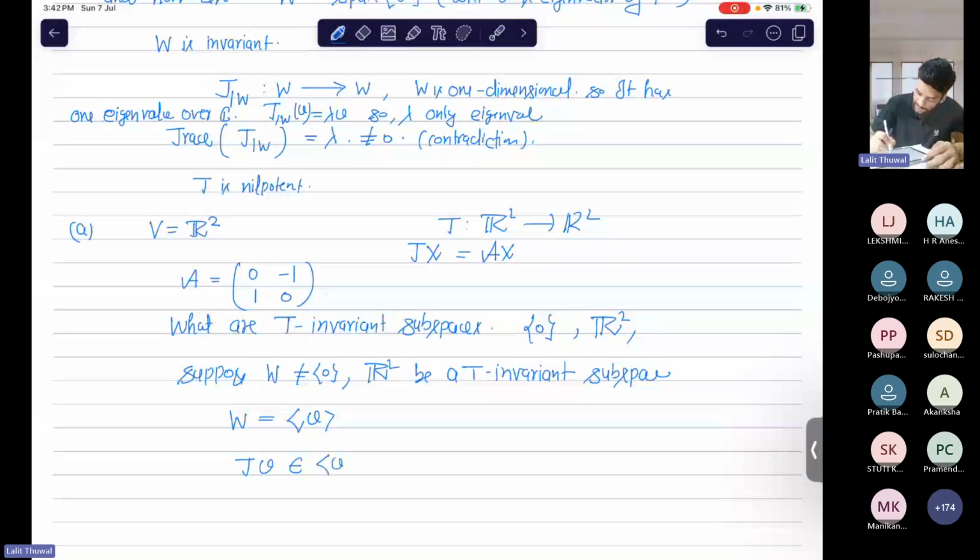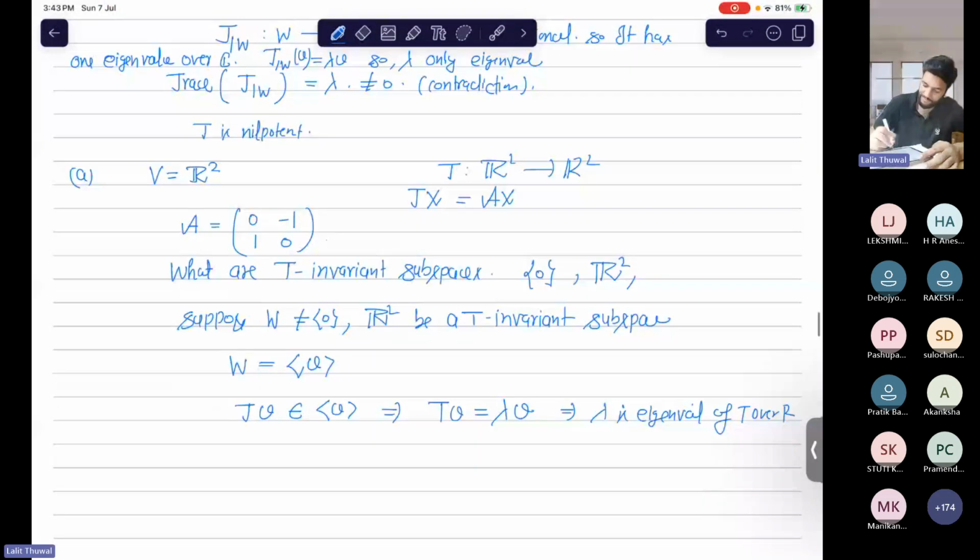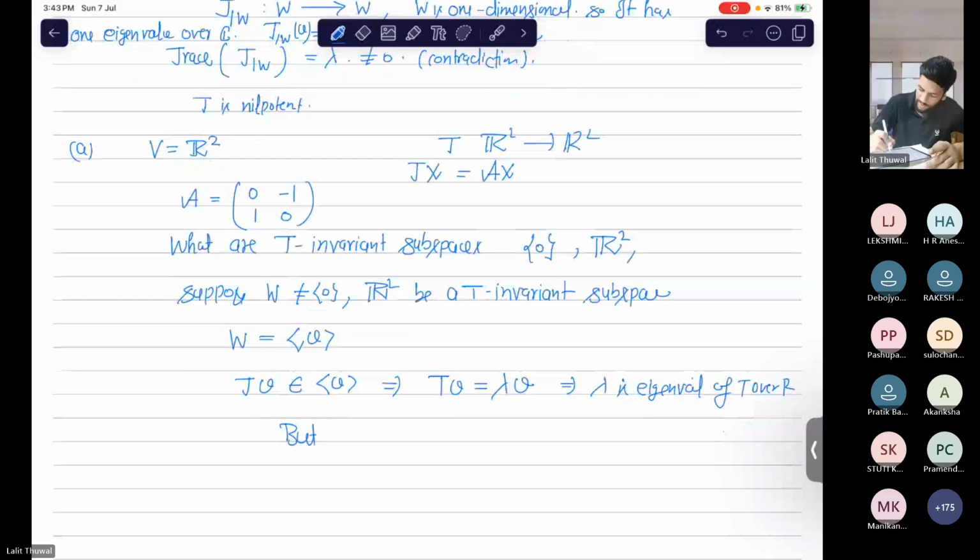This implies Tv equals some scalar multiple of v. So this means v is an eigenvector and lambda is an eigenvalue of T over R. But T has no real eigenvalues.